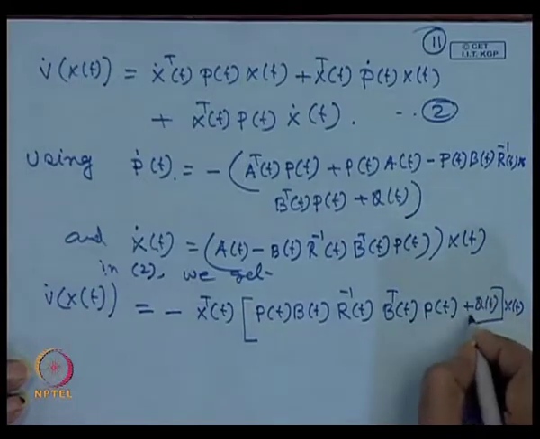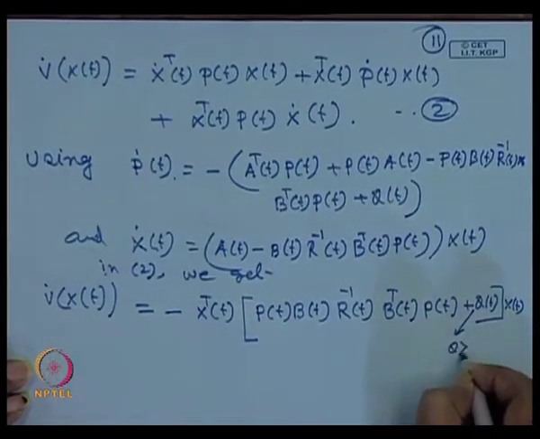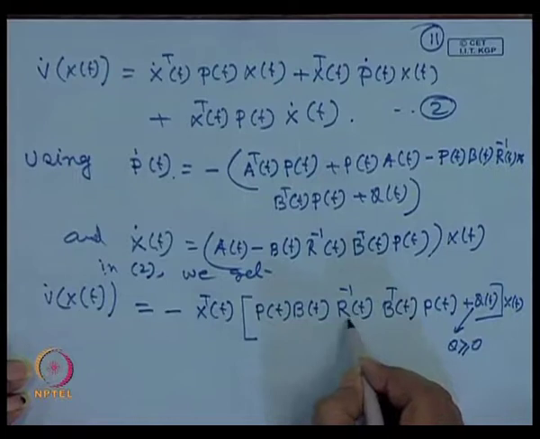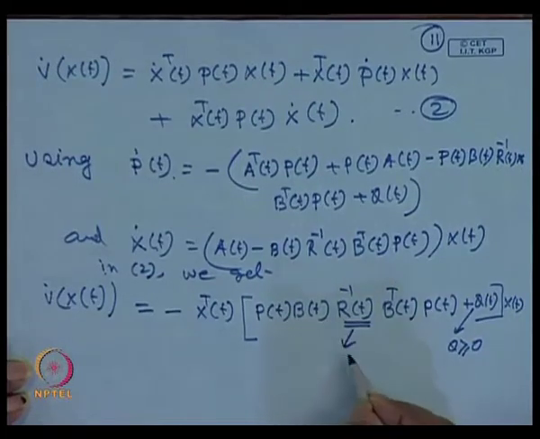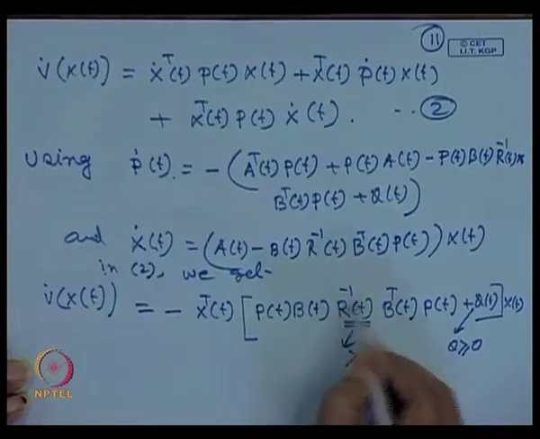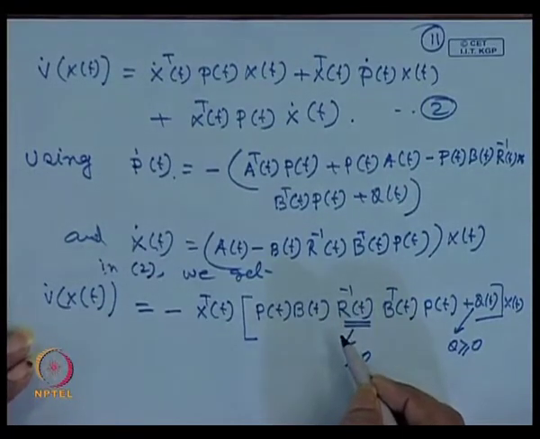Q is greater than or equal to 0, positive semi-definite, and R is positive definite. This implies R inverse also will be a positive definite matrix.